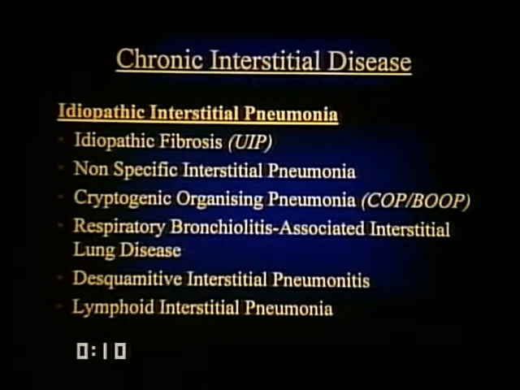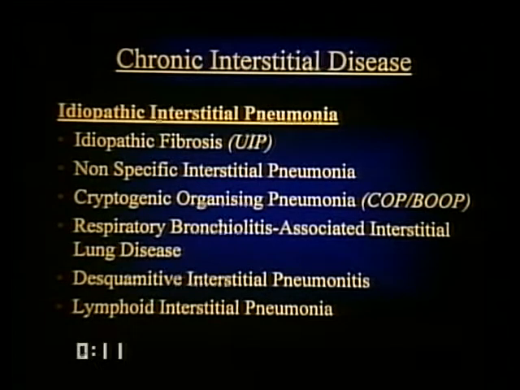For the moment, as of this year, this is the classification. These 6 diseases: idiopathic fibrosis or usual interstitial pneumonitis, non-specific interstitial pneumonitis, etc., and also included in this is acute non-specific interstitial pneumonitis that I showed you in the slide of the acute diseases, or the Hamman-Rich.